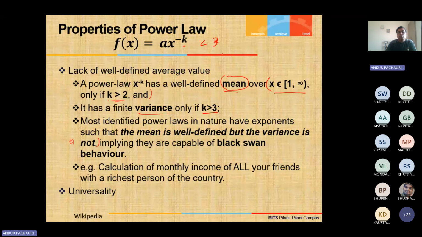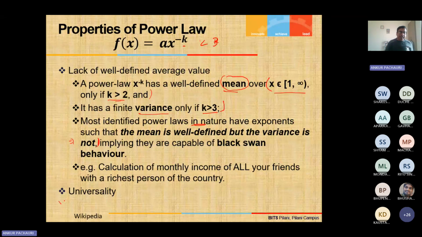So the mean is well defined, but the variance is not. Whatever power law you exhibit in nature has a value of k less than 3. That is the interpretation.